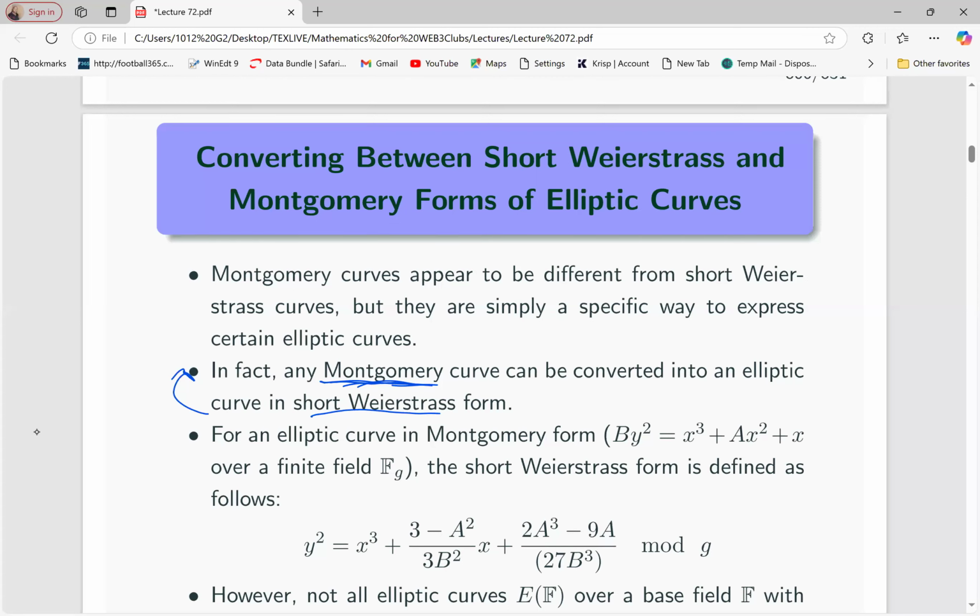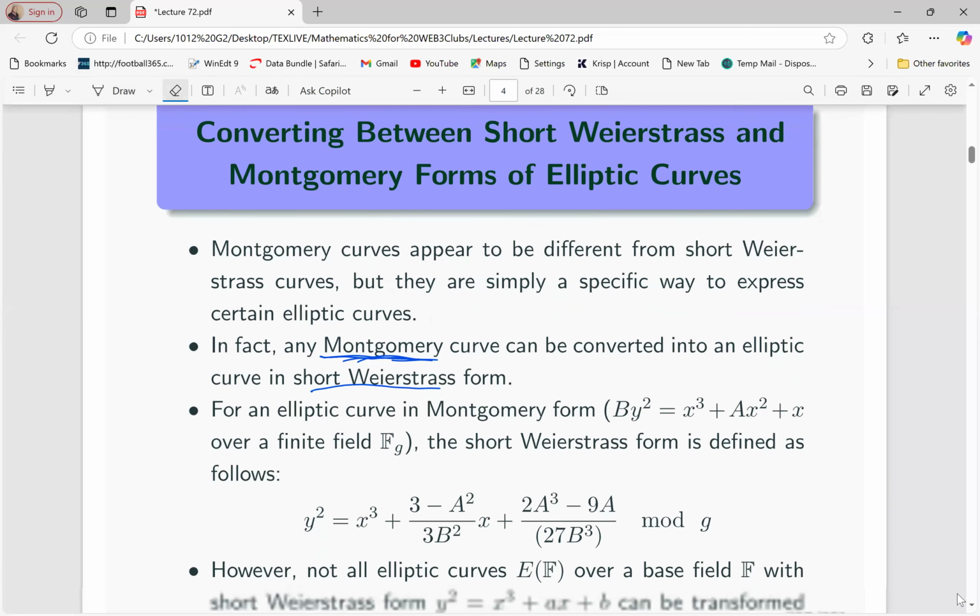Just a few can. We'll be seeing why not all of them. There are conditions that the short Weierstrass form must meet for it to be convertible to a Montgomery curve. But any Montgomery curve can be converted to short Weierstrass. That is the point I wanted to emphasize, and we'll be looking at that in a short while.